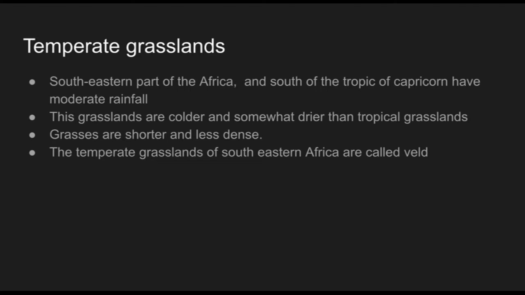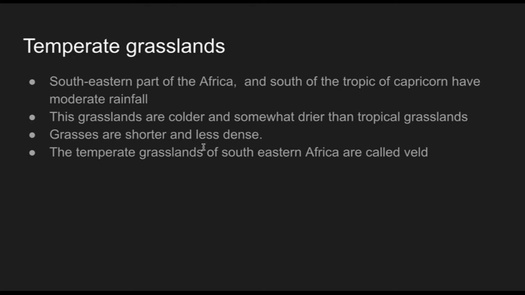These grasslands are colder and somewhat drier than tropical grasslands. Compared to the savanna, some places are colder and some places are drier. That is the speciality of the temperate grasslands.